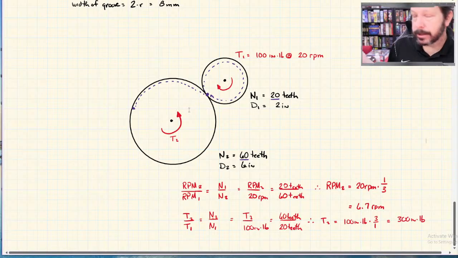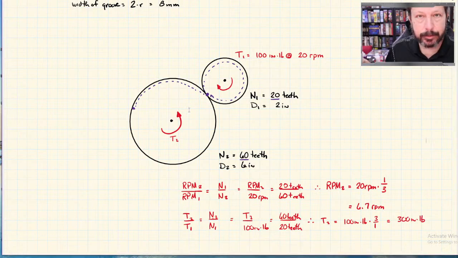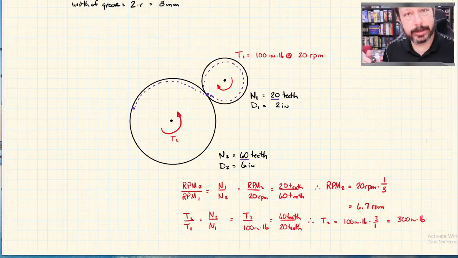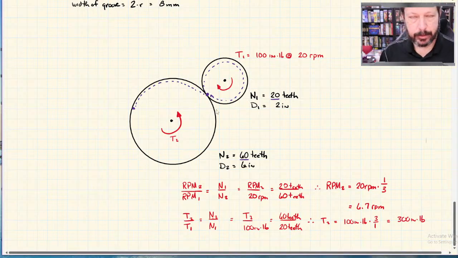Do you need a slower speed? Do you need a faster speed? Do you need lower torque so that your shafts don't crumble? Can you deliver a higher torque? You have to decide those things when you're designing the layout of your shafts and gears.